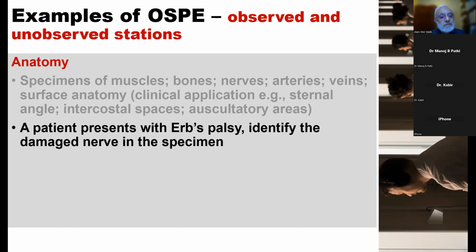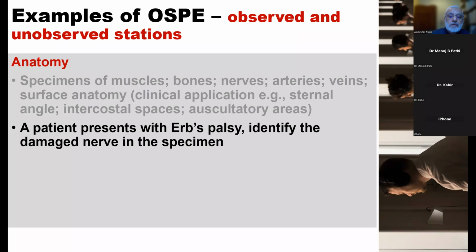For example, a scenario where a patient presents with Erb's palsy and the student must identify the damaged nerve in the specimen. So a specimen or a model is there, let's say of the brachial plexus, and the scenario is that a patient has presented with Erb's palsy, and the student has to identify the nerve which is damaged.